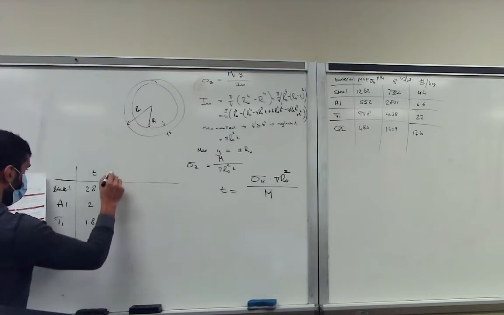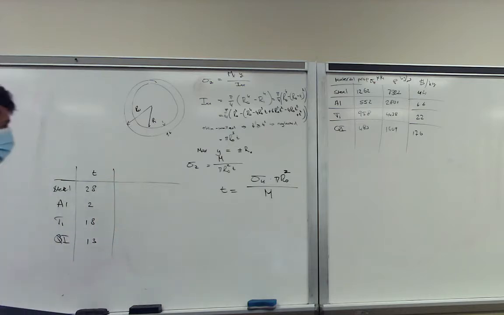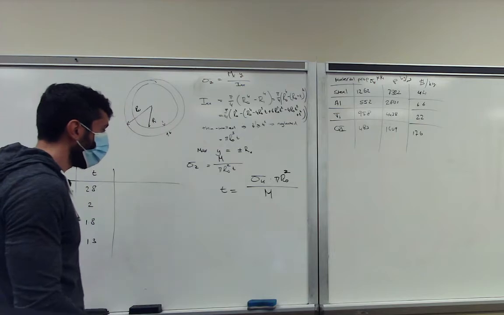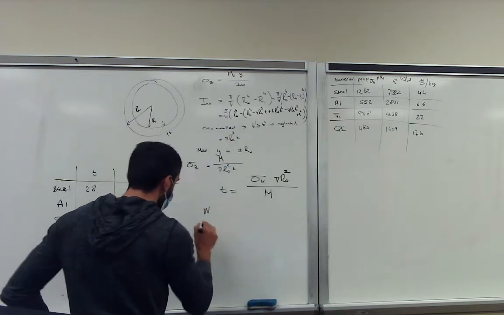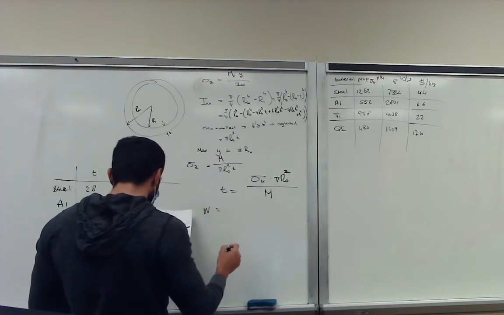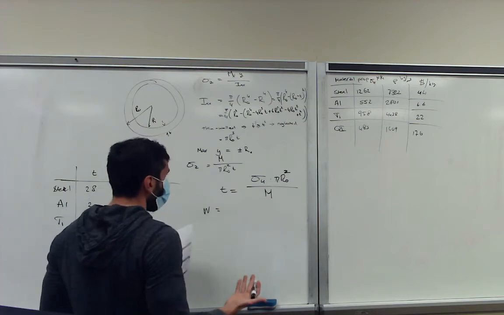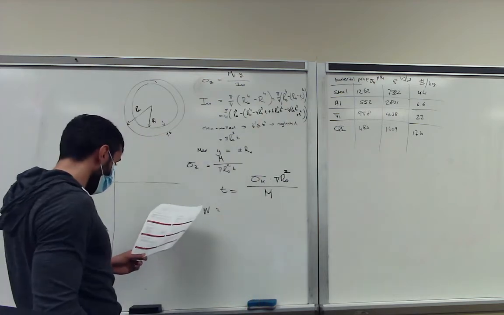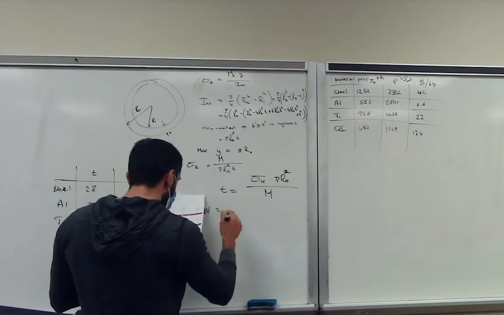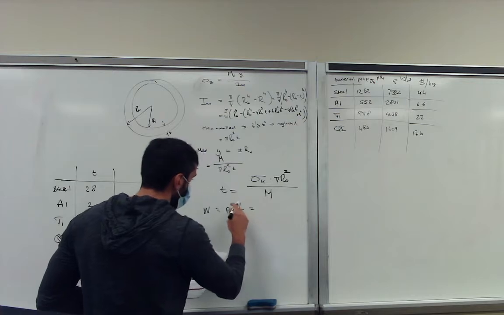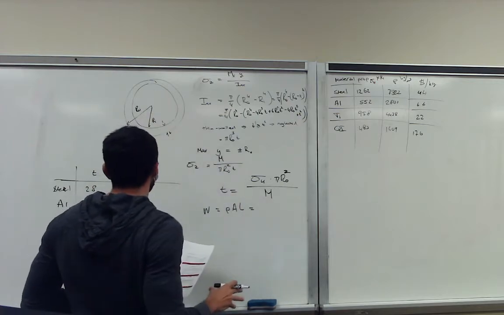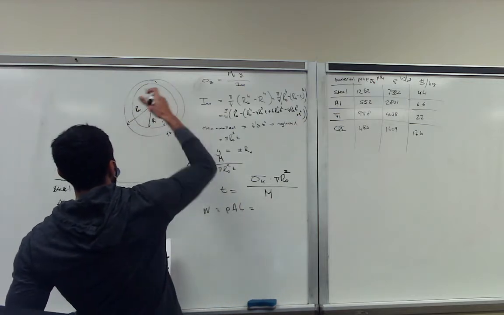1.3. And then if you look at a different parameter, say total weight, because that's also an important parameter, then we can say that the weight is equal, of course, to the volume multiplied by the density. So what we get is rho multiplied by A times L. A is the circumference multiplied by the thickness.